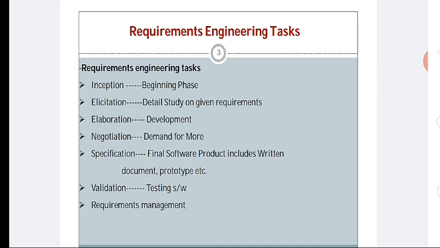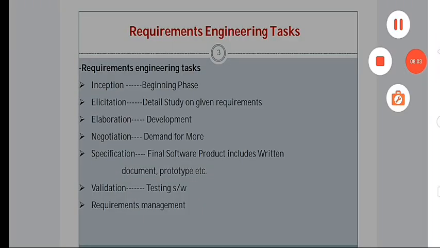And the last, final phase of requirement engineering is requirement management. All the requirements provided by the clients have to be managed in a sequential way, so that whenever the final product is created, all the requirements are implemented inside the product.